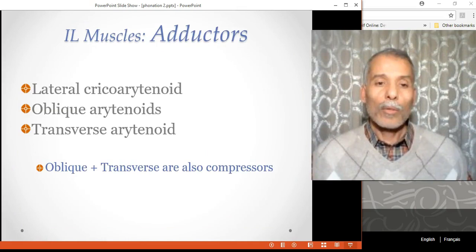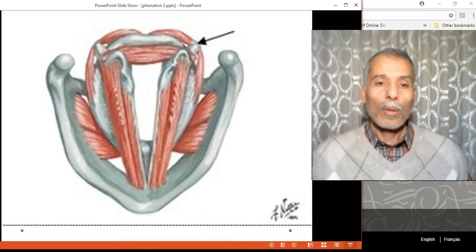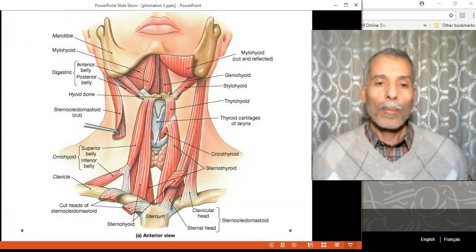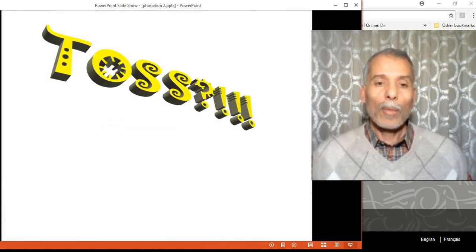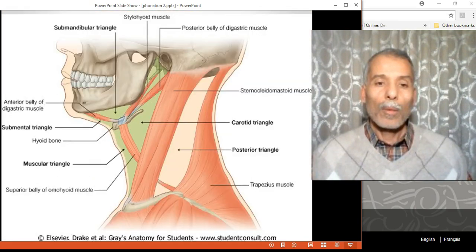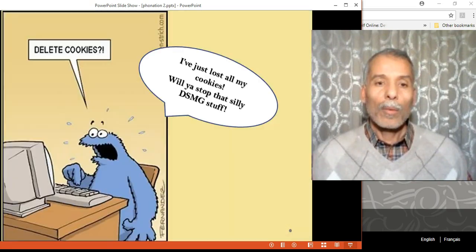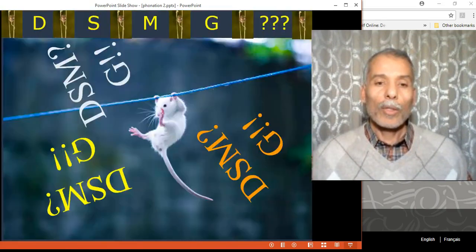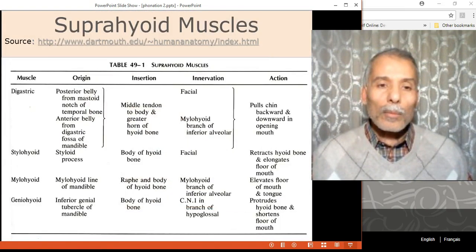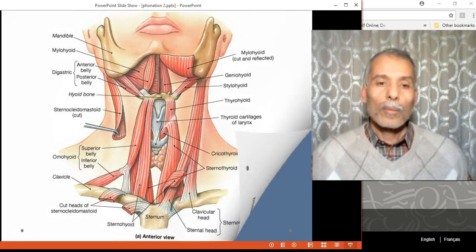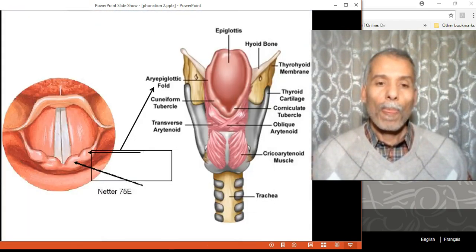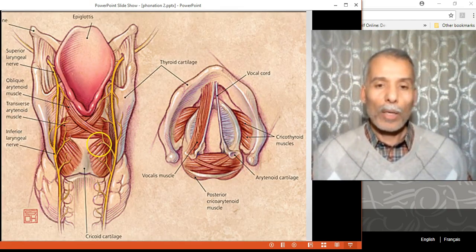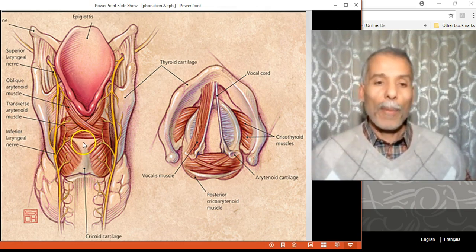Go back to an image of the... Okay, I don't have a very good image of it. Sorry, I had to go back and forth, but this is what happens here.